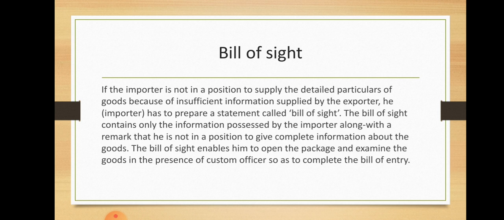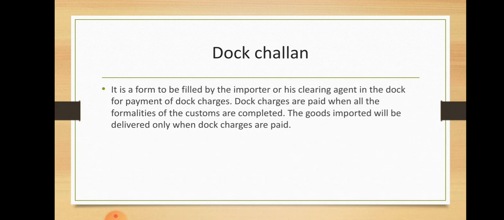After that, the dock challan. The importer or clearing agent has to fill up one form that is known as the dock challan. It is a document which acts as a proof of payment of dock charges, and this document is issued by the dock authorities to the importer. Only after all the dock charges are paid will the importer get the things.